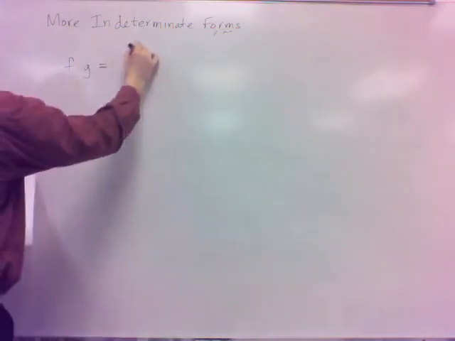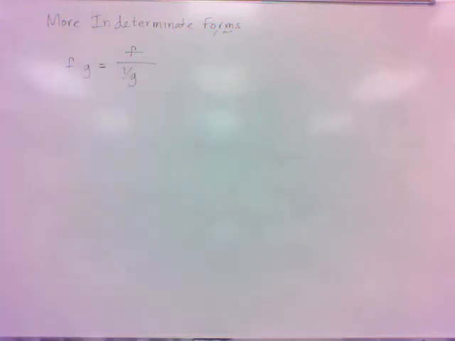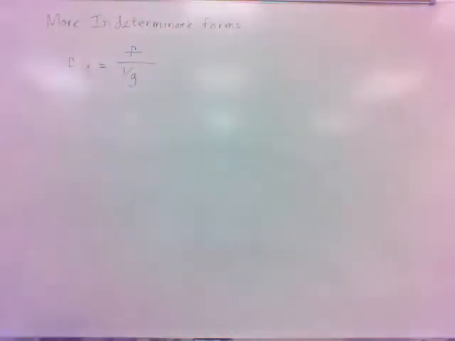That can be rewritten as f divided by 1 over g. Now you might be asking, why in the world would you do that? Well, sometimes you need to, and I'll show you. It turns out sometimes you need it for L'Hopital, to utilize L'Hopital. But anyway, let me establish that you can do that.